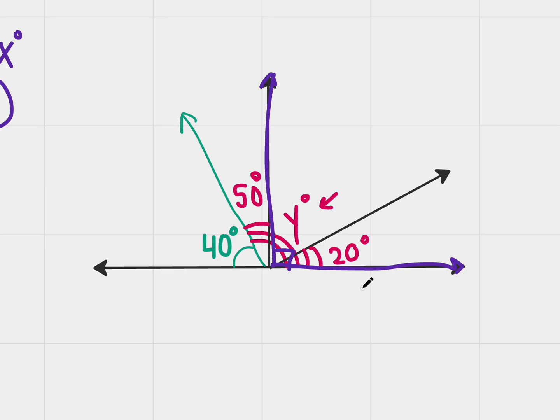You can just do 90 minus 20 to get angle y. 90 minus 20 will give you 70, and so the measure of angle y is 70.